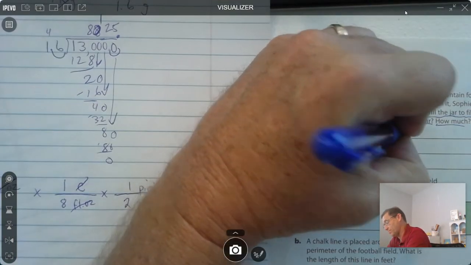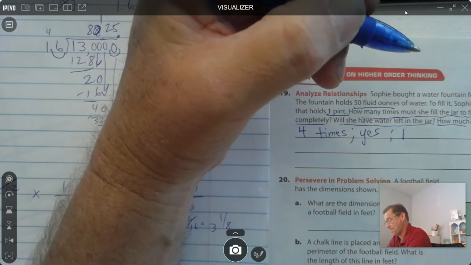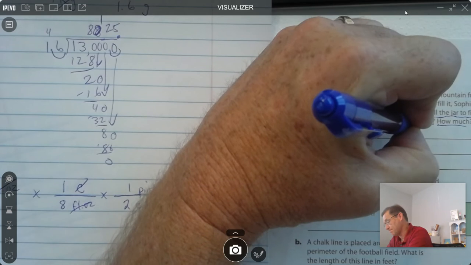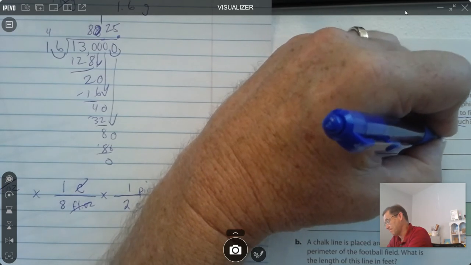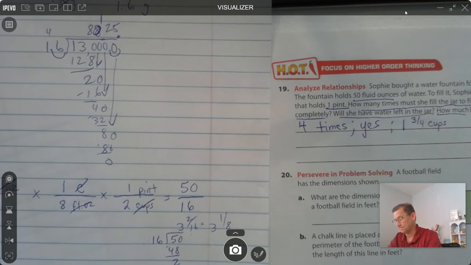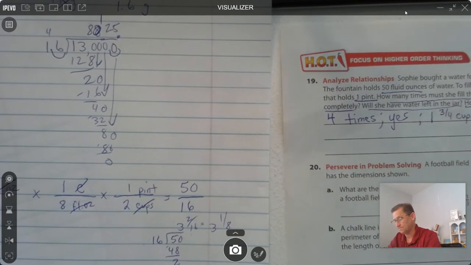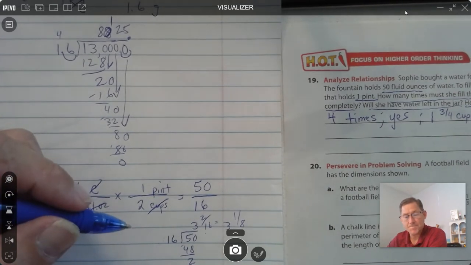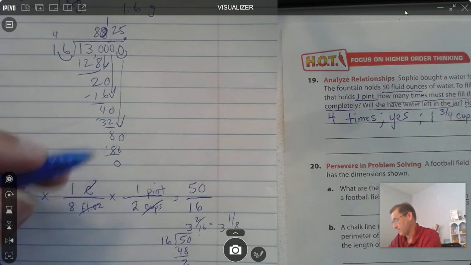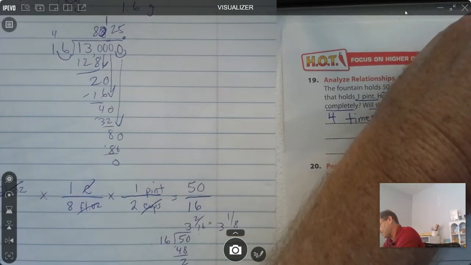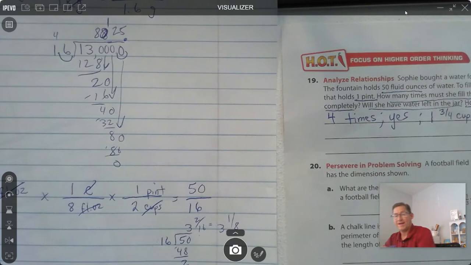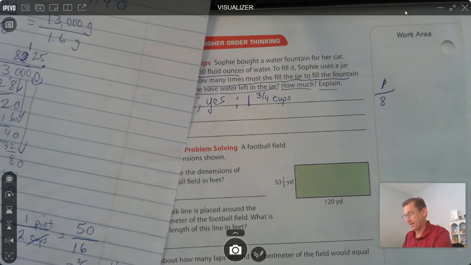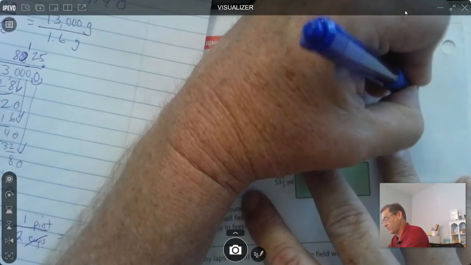She'll have 3/4 cup left over. Because if we take 1/8, if we take 1/8 pint, that's how much is left over.